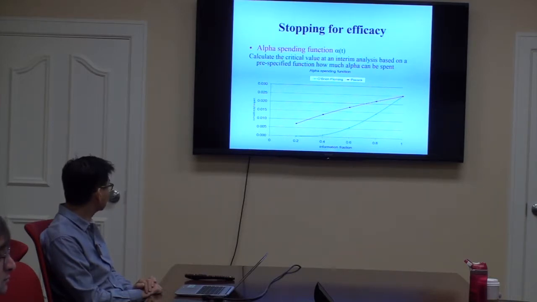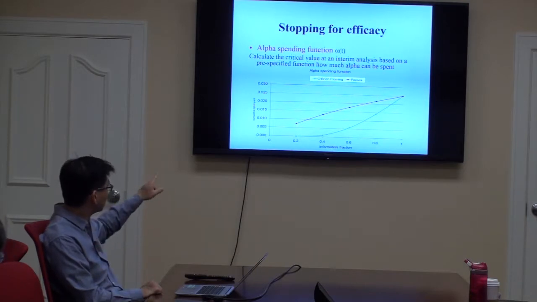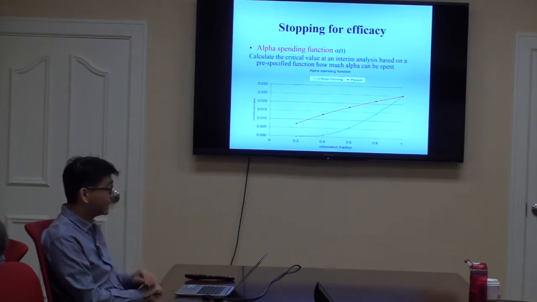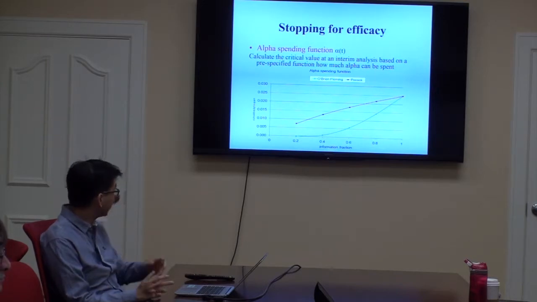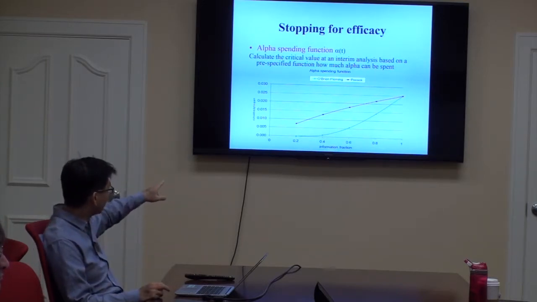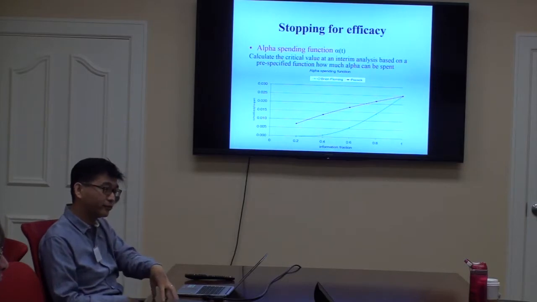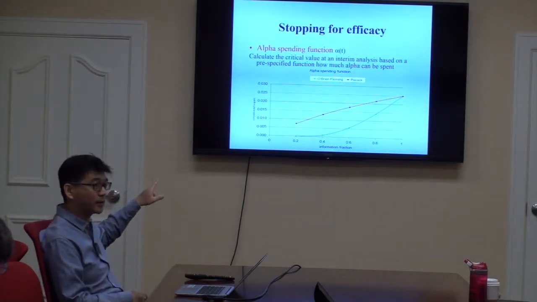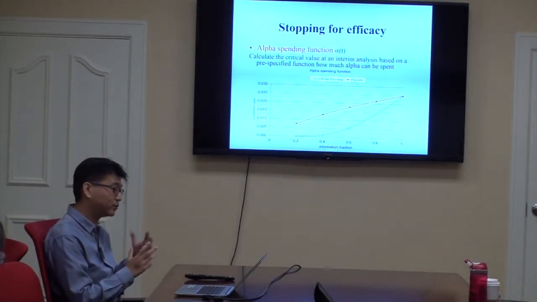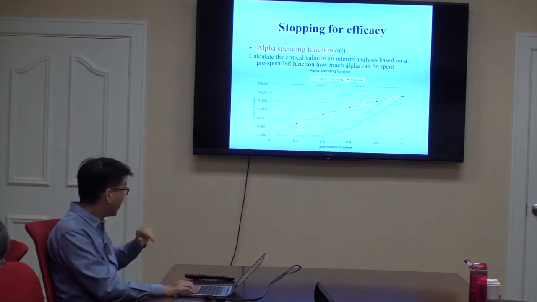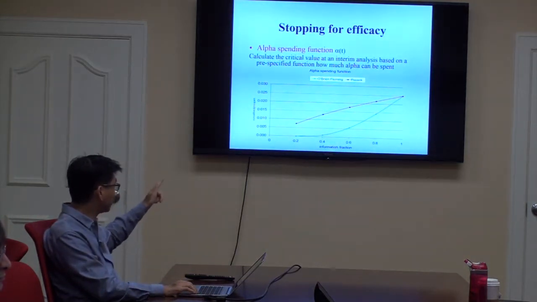So the good thing about the alpha spending function is that we have dots on the information fraction, right? But in case that in the implementation of the study, instead of doing an interim analysis at 0.4 information fraction, you are doing an analysis at 0.5, you could still use the alpha spending function to determine the critical value that you will need at that particular time point, so that you are not boxed into the five analyses at 0.2, 0.4, 0.6, 0.8, and 1.